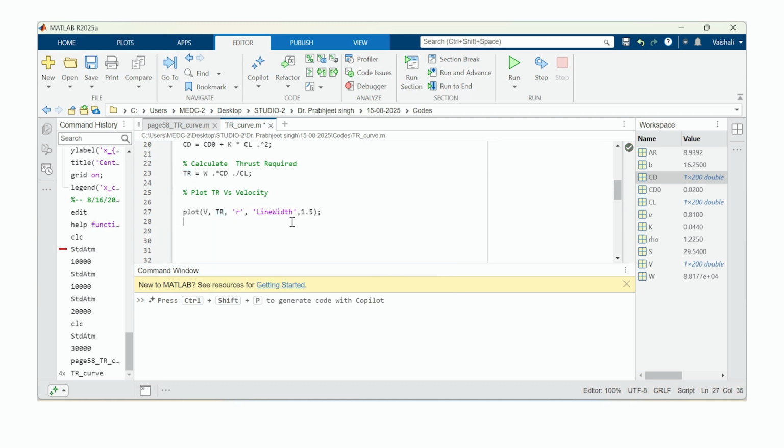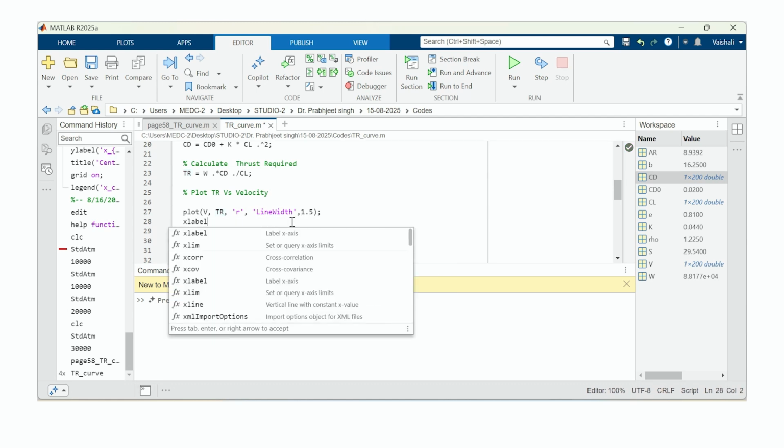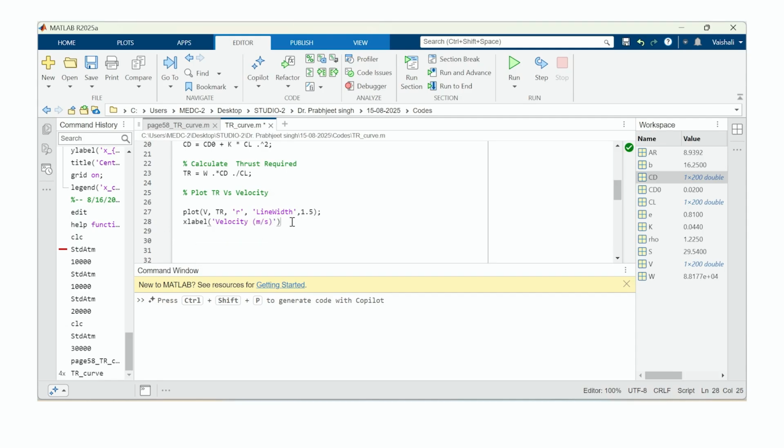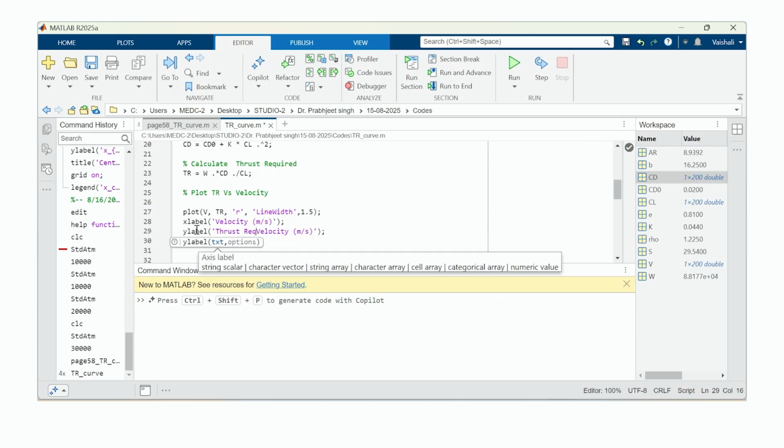In xlabel, we mention what we want to write on the x-axis. Obviously it is the velocity in meters per second. In ylabel we have thrust required in newtons.